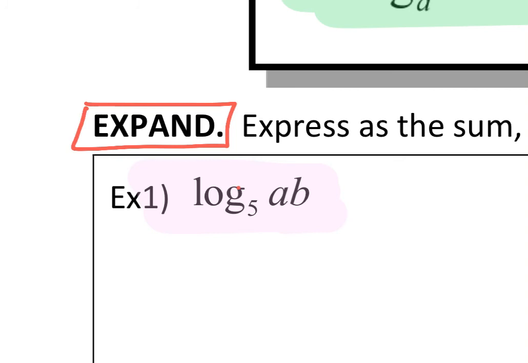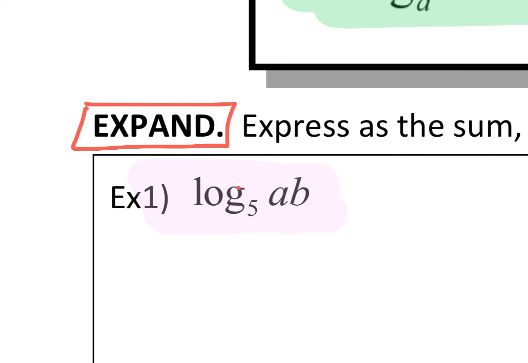It's almost, but not quite, the opposite of simplifying. I wish you could see my hand motions here, you're literally pulling apart this logarithmic expression.